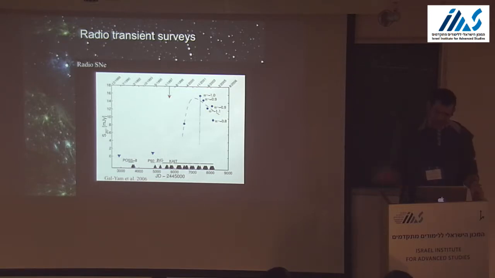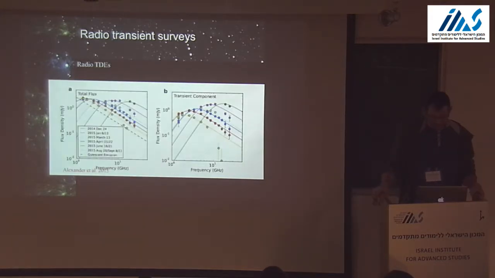Okay, so that is one class of sources. Radio supernovae are going to be one class of sources that will be found in radio transient surveys, and as far as I know, this is the only example where it's already been done. Another source that probably should be found is radio emission from tidal disruption events.